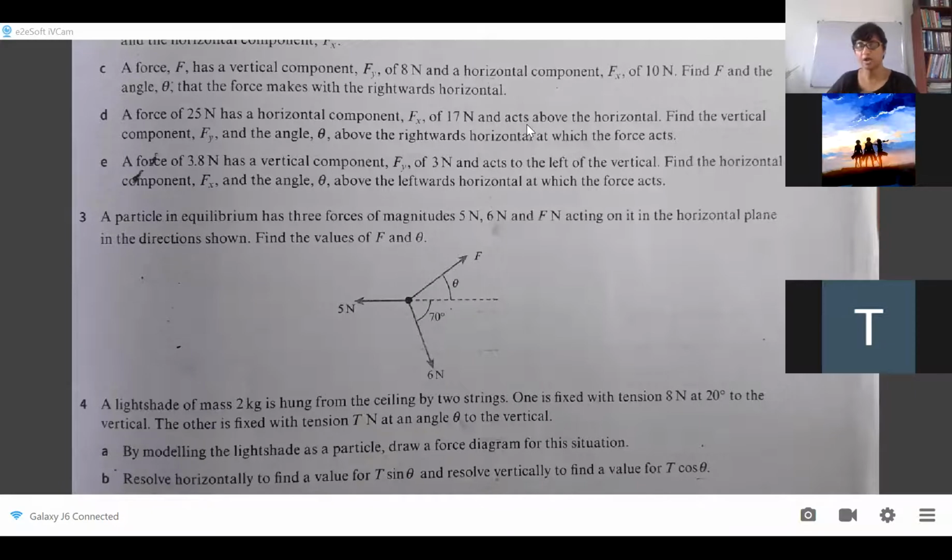I will show you how you can tackle a question like this. Can I remove the book?